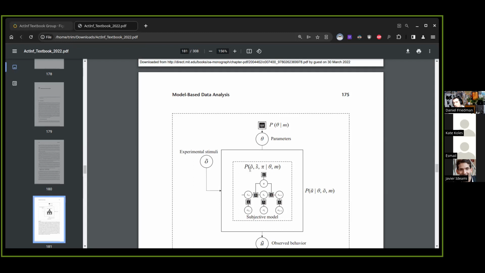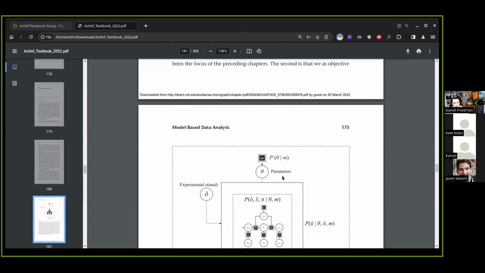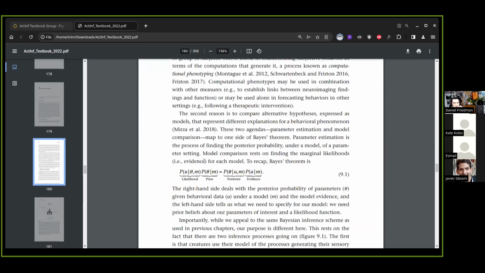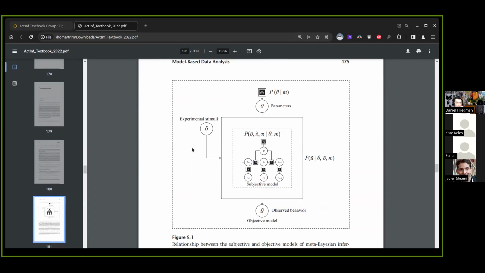So we have a portfolio of three of these models. And then we can ask empirically, given the input and their behavior, which one of those three models, 1, 2, and 3, has the highest posterior evidence? And so now, how do you approach this as a full Bayesian consultant?